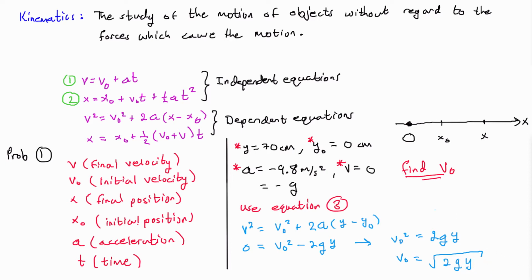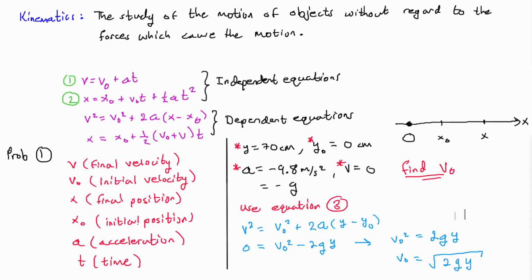Okay, so if we plug in the numbers, we have 2 times 9.8 times 70 centimeters. Now, hold on just a second. You have to keep in mind that Y is in terms of centimeters, right? So you have to convert it to meters. Okay.